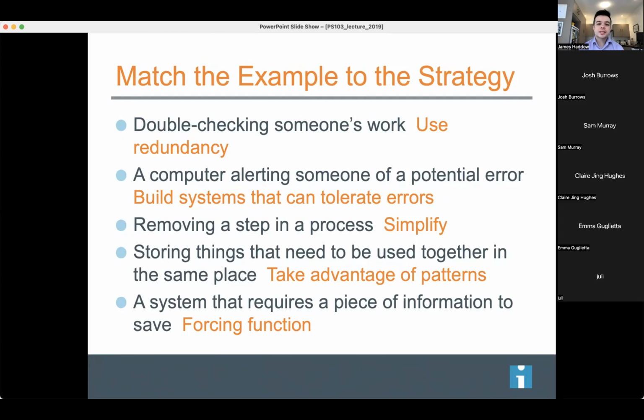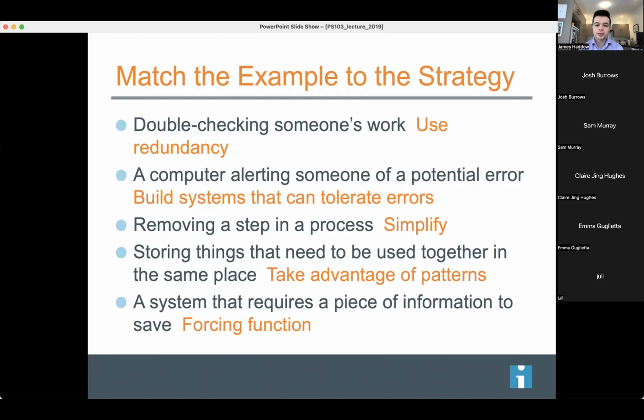Second one, building systems that can tolerate errors. So yeah, I think I agree with you. I think it's probably also an example of redundancy, because you would think that the person might spot the potential error before a computer, or as well as a computer.